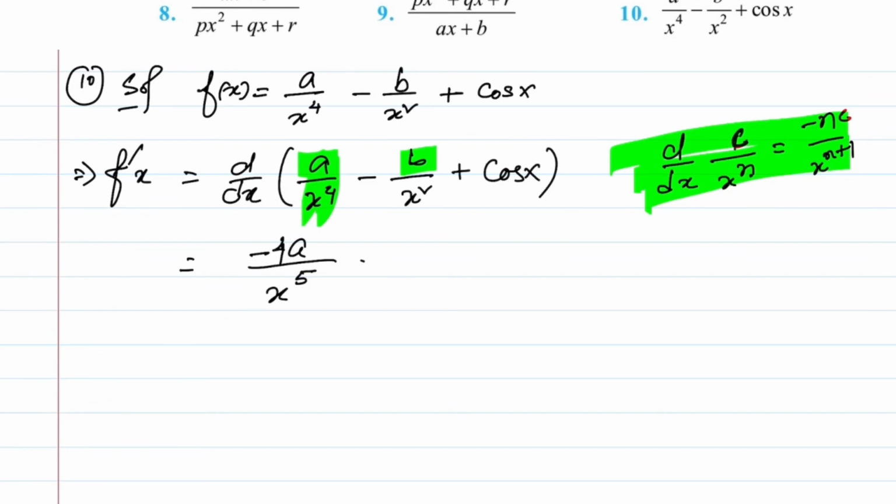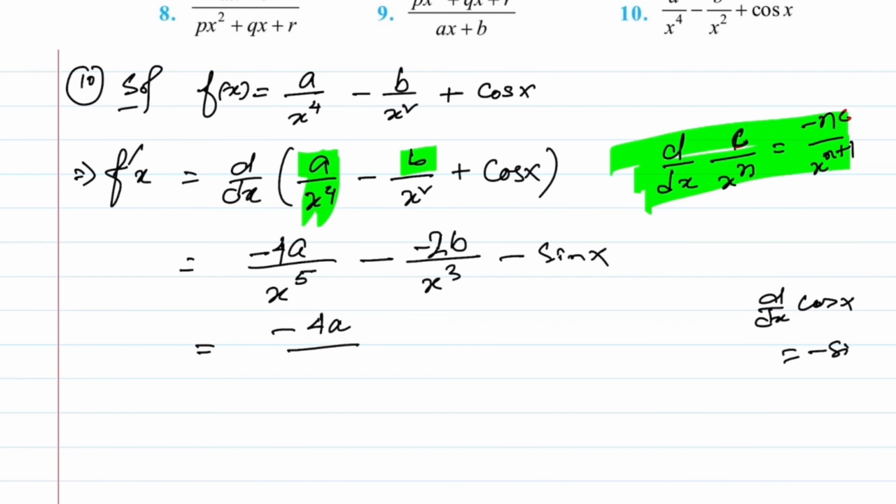Here it is 4 plus 1, that is 5, and here it will be minus 2b by x cube, and derivative of cos x is minus sin x. So here it will be minus sin x.